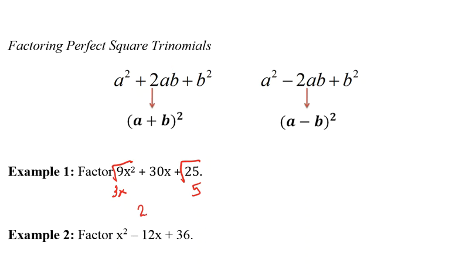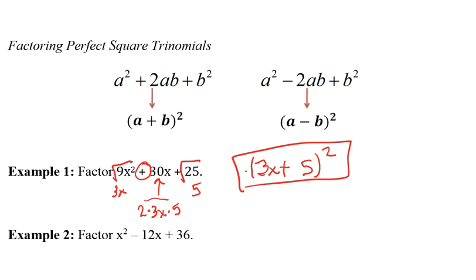So what is 2 times 3x times 5? 2 times 3 is 6. 6 times 5 is 30. That's 30x. So this is that middle term. So this is a perfect square trinomial. What we now know is the first term is 3x, the second term is 5, because my first sign is a plus, this is a plus, and it's a square.